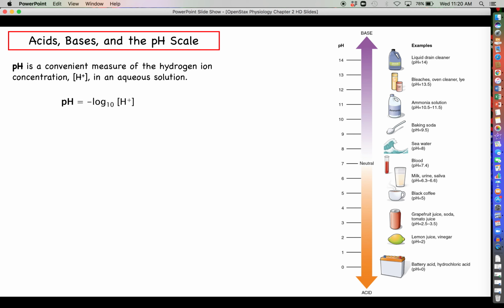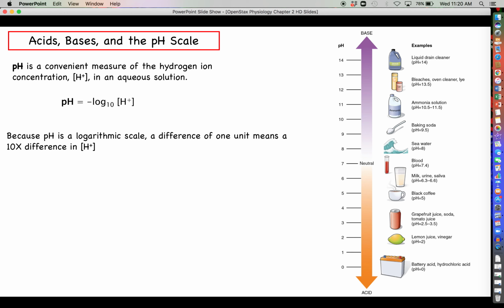We're not really going to be doing any calculating because this is not a chemistry class. But what I do absolutely want you to appreciate is the significance of the logarithmic scale here. Basically, what it means is that if you have a difference of 1 pH unit, that indicates a 10-fold difference in the concentration of hydrogen ions between the two solutions.